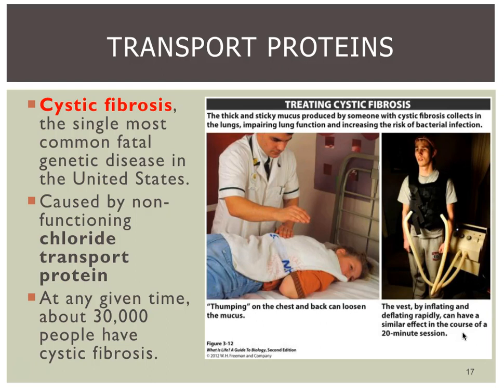One of the side effects of cystic fibrosis is that you cannot clear out the mucus from your lungs. And so in this diagram, what you see is this patient with cystic fibrosis having her back thumped or pounded on in order to loosen up the mucus so that they can get rid of it so that the lungs aren't damaged too much. But there are machines that can also do this thumping as well.